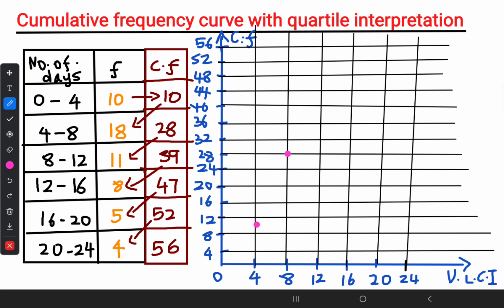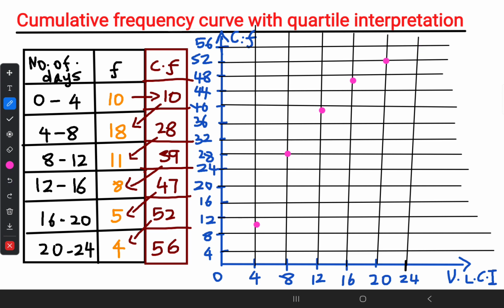Yeah, exactly at that point. 12 and 39. So that is a little less than 40. So yeah, 16 and 47. That is also a little less than 48. So somewhere here. Then 20 and 52. So 52 we have. So you can mark that one. And finally 24 and 56.